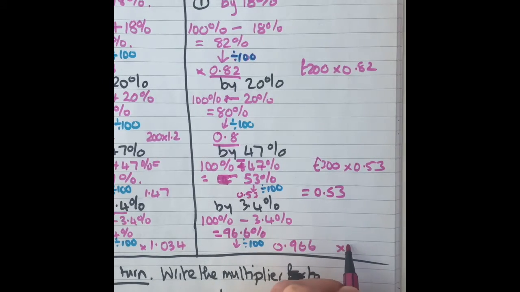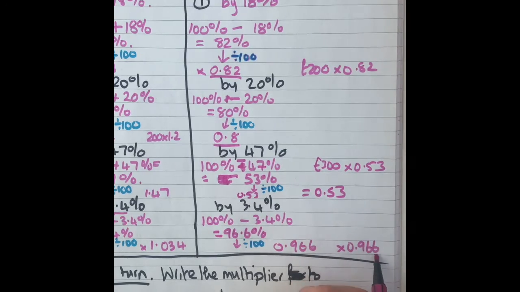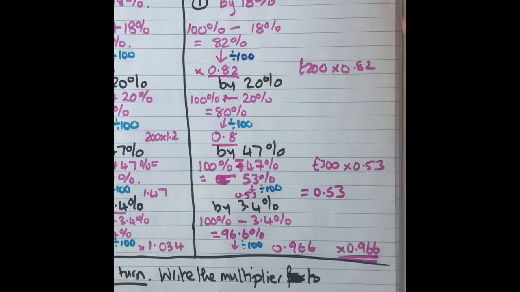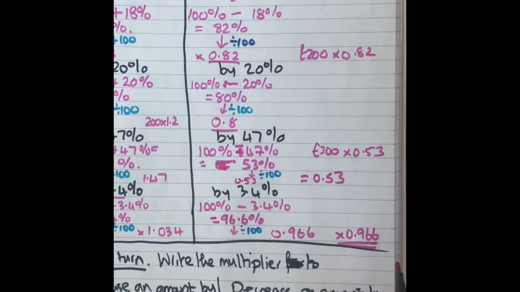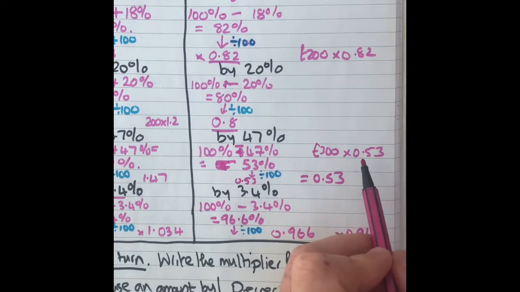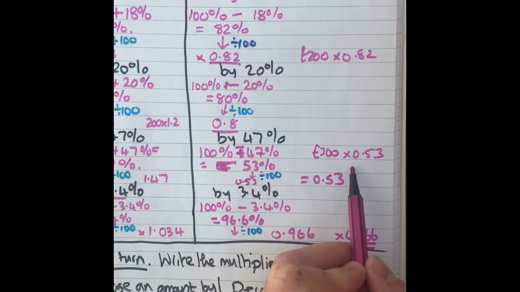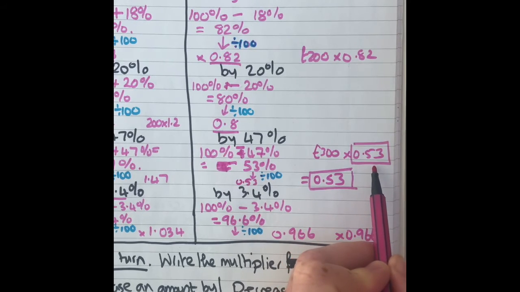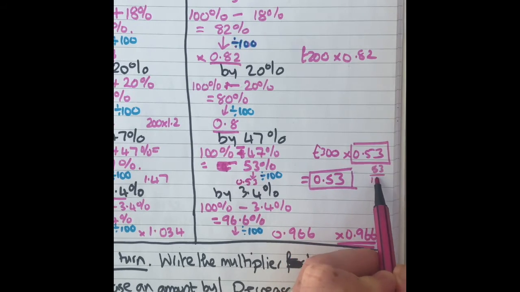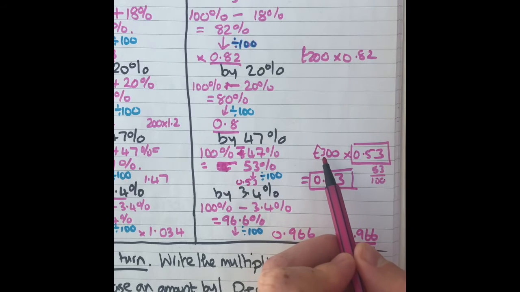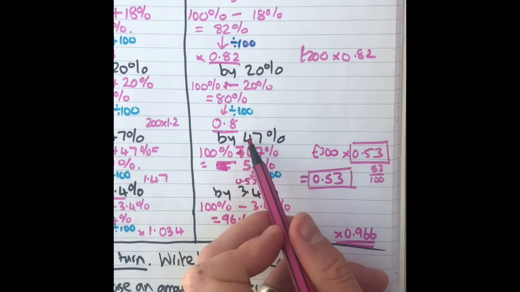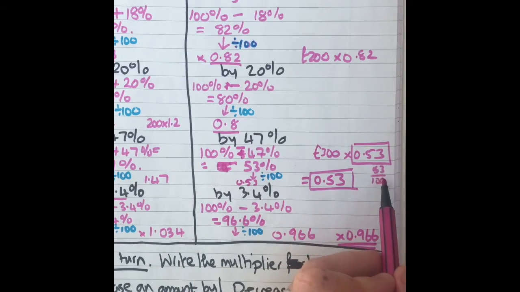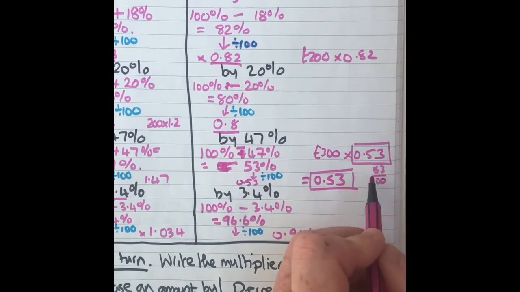So the multiplier will be 0.966. Okay, so just one quick thing before you go and have a go yourself. So let's say, for example, this one. This is the same as 53 over 100. So you could do £300 times by 100 take away 47, which is 53, and then divide by 100. So that's where this comes from.